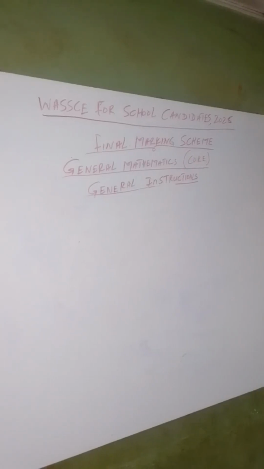Firstly, look at the paper that I want to use. This is the instruction given to us by this 2025 WAEC Mathematics General Instruction. Look at it. Can you see it? The West African Examination Council, WASSCE, for school candidates 2025.